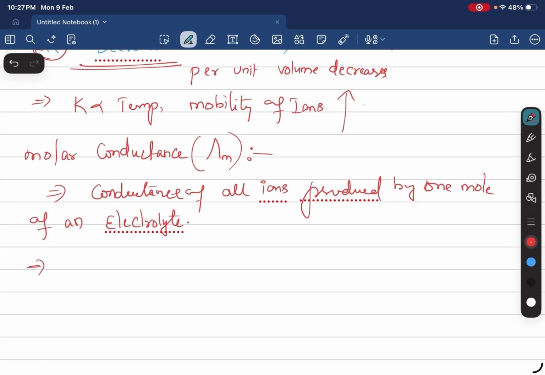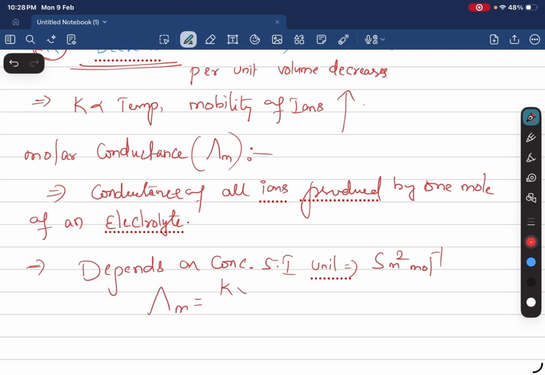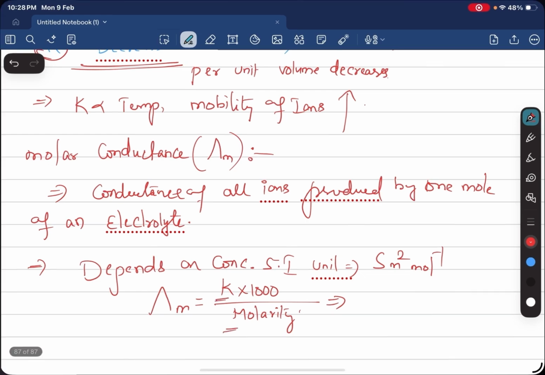It is indicated with lambda m, and this mainly depends on concentration. SI unit will be Siemens meter square mole inverse, because lambda m can be written as kappa into 1000 by molarity or concentration. So here kappa means specific conductance, and molarity is moles per liter.